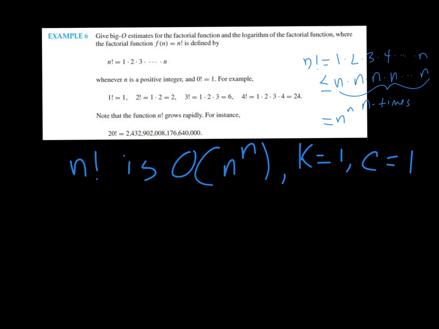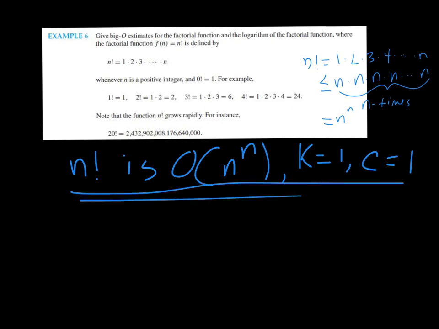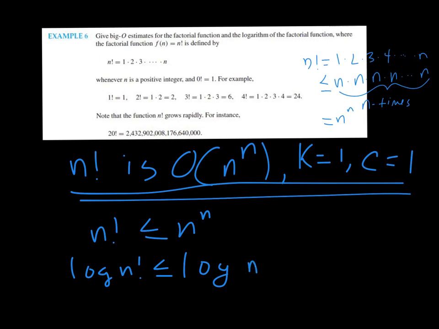Now, taking this a little bit further, from the inequality that n factorial is less than or equal to n to the n, if we take log of both sides, we get log of n factorial is less than or equal to log of n to the n, which is equal to n times log of n, because recall from college algebra, when you take the log of something raised to a power, that exponent jumps down to the front.